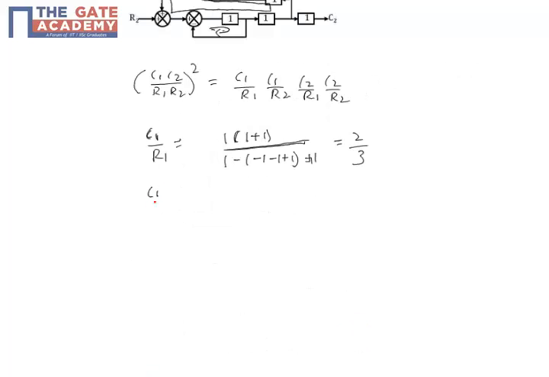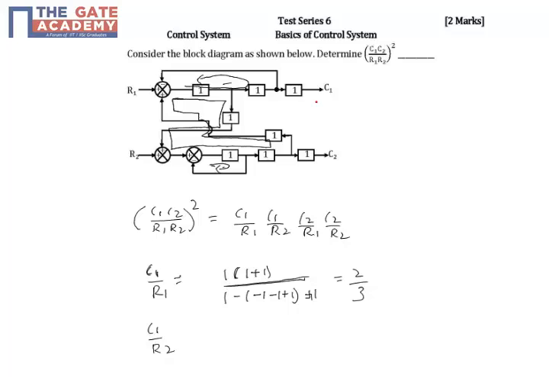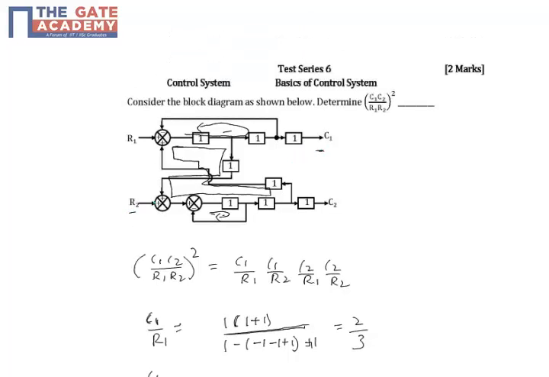Now to determine C1 by R2, I have to take C1 as the output with R2 as the input. In that case, I have to look at the forward path, which means the path leading from R2 to C1. There is only one path.